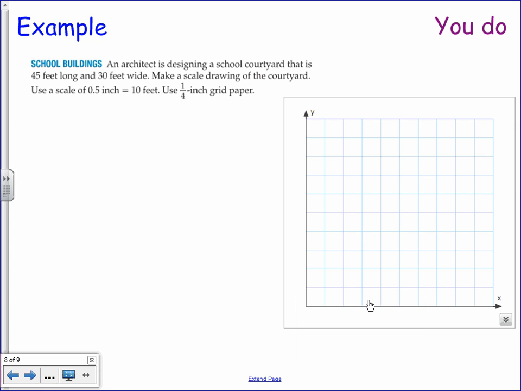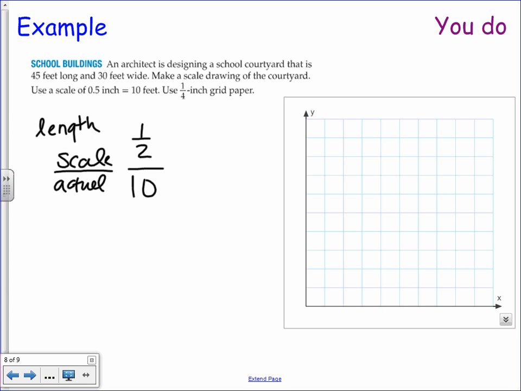Okay. So let's look at the length first. And this is scale over actual. Our scale is 1/2 to 10 feet. We're trying to find the scale of the length, so we're looking for that.